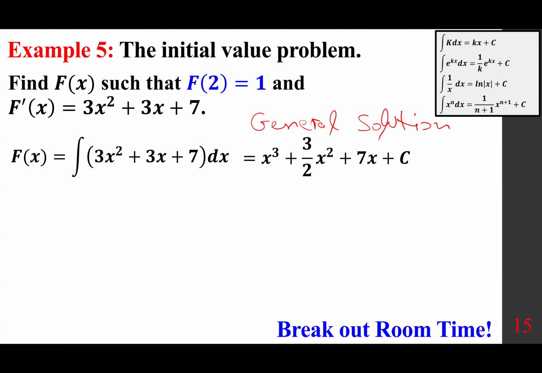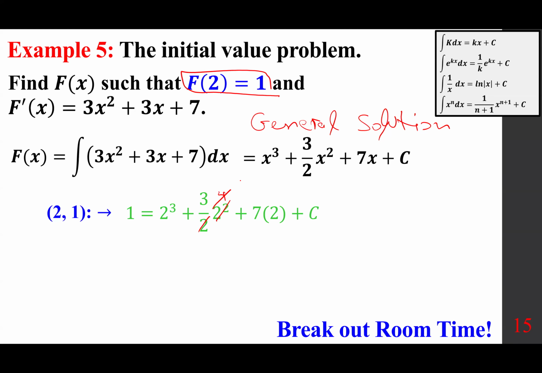Now this f of 2 equals 1, that means the pair 2 comma 1 will help us find the missing c. So let's plug in, replace the x with 2, replace the y or capital F of x with 1. So 2 cubed is 8. This is 4.